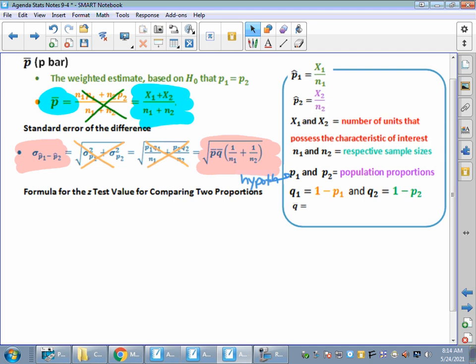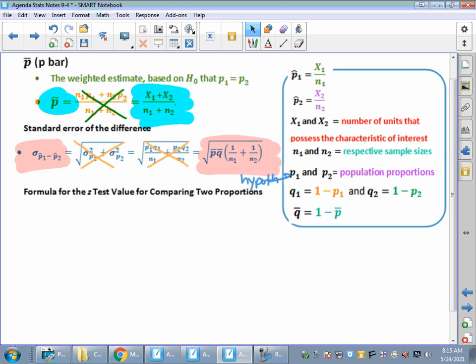Q2 is the complement of our second, whatever it might be. 52% of women exercise regularly, so 48% of men. And we know that Q bar is equal to 1 minus P bar. We always know that any kind of P and any kind of Q add up to 1. So use the complement of those things.